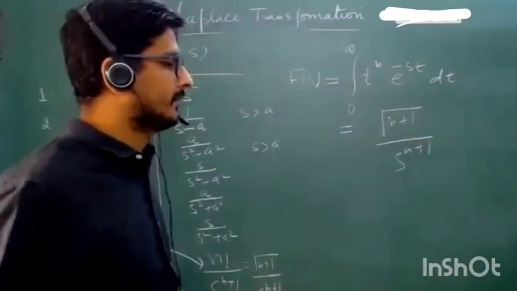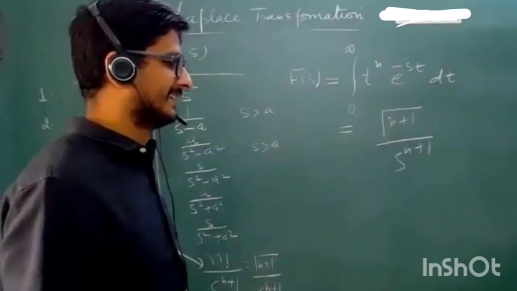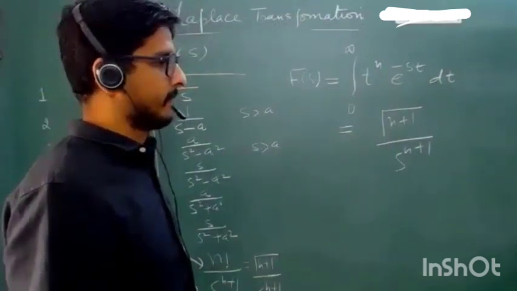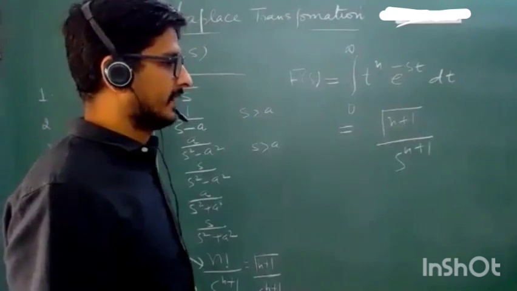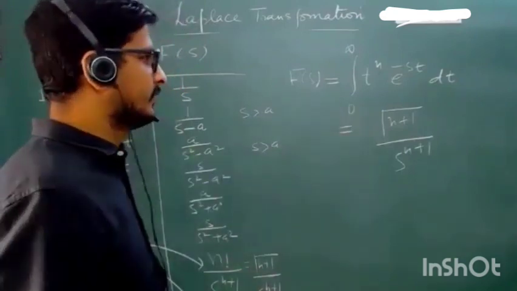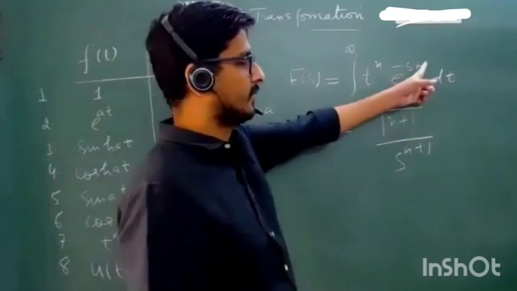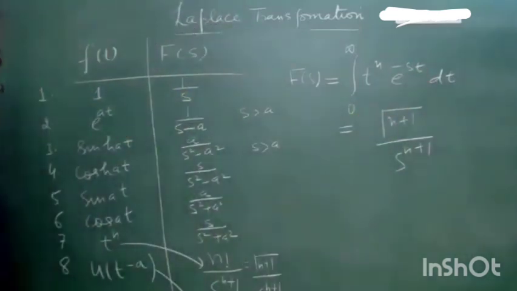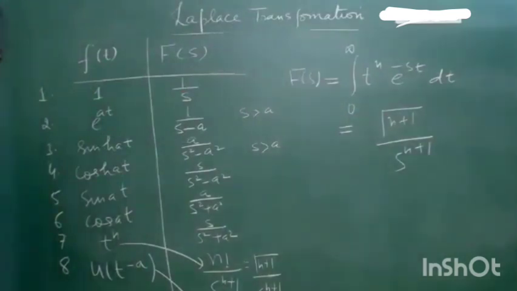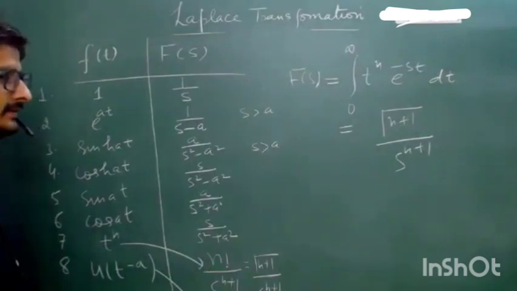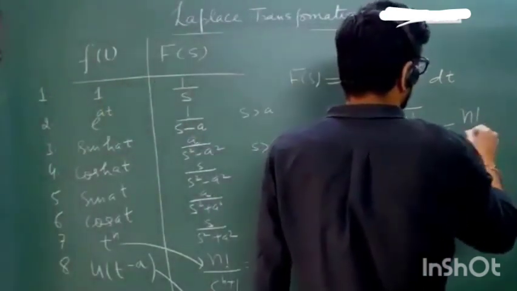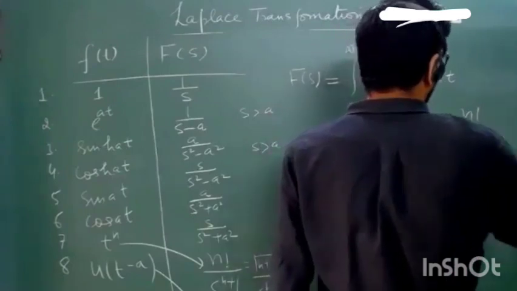This is the direct formula which we know for this gamma integral. So this formula we know directly. Two formulas we use, one with x square and one without square. These formulas are very, very important. And this is written as n factorial over s to the power n plus 1.